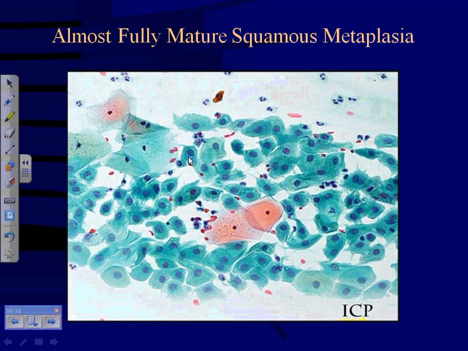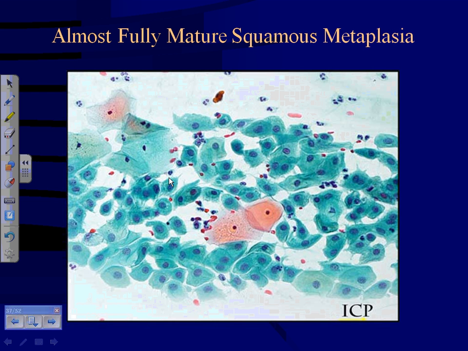Again, there's going to be a lot more discussion on this in the future. The sampling of these cells tells you that the transformation zone has been sampled, because remember, that's where squamous metaplasia occurs, at the transformation zone. And that's important because that's where the abnormalities occur, at the transformation zone.